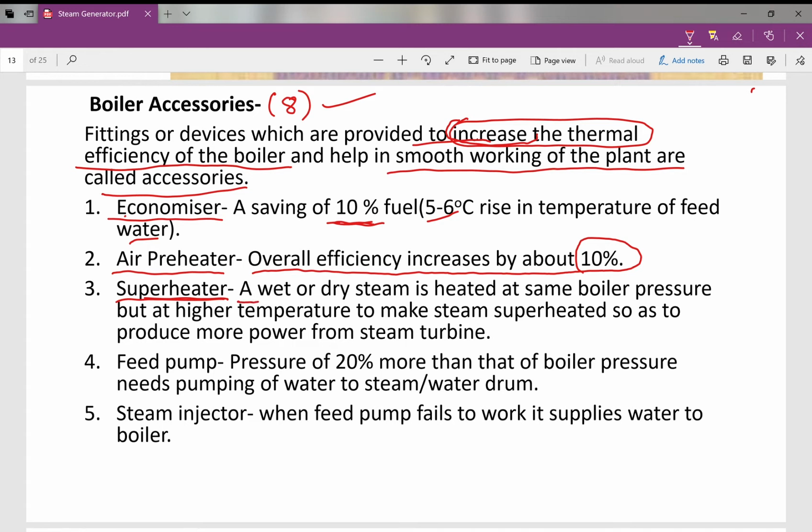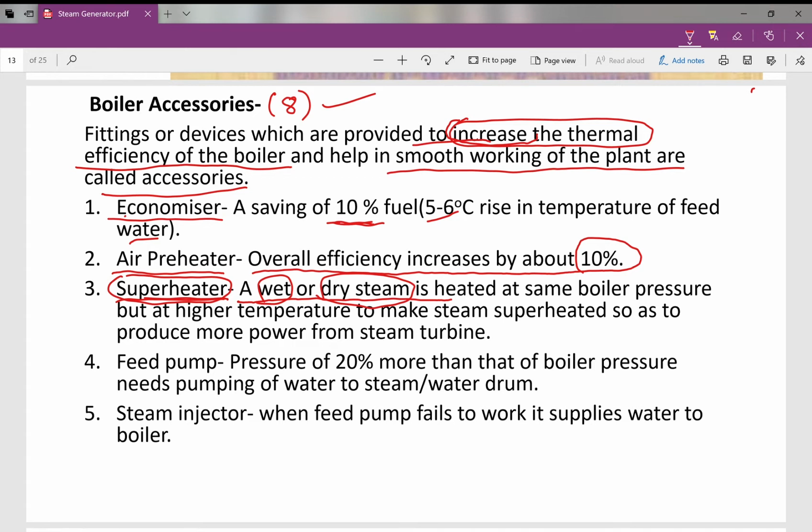So generally steam from the boiler is either wet or dry. Steam coming out from the boiler could be wet or dry steam, and that steam is supplied to a device called the superheater, where an extra amount of heat is supplied to convert it into superheated steam, but at the same boiler pressure.